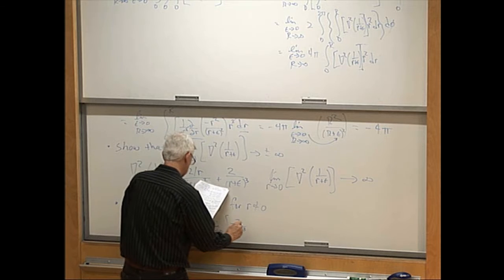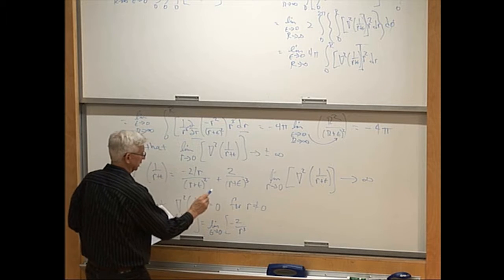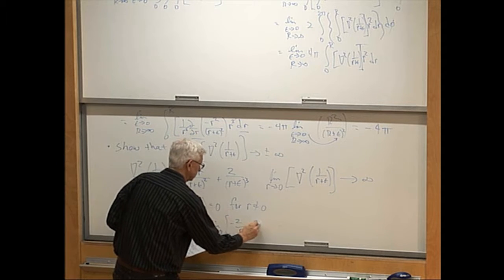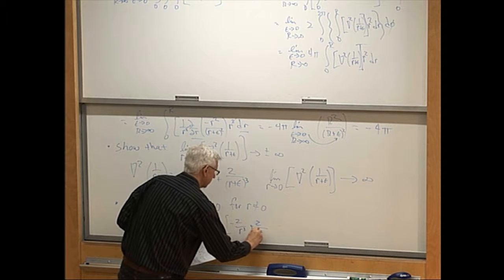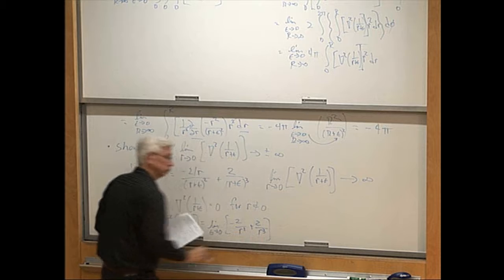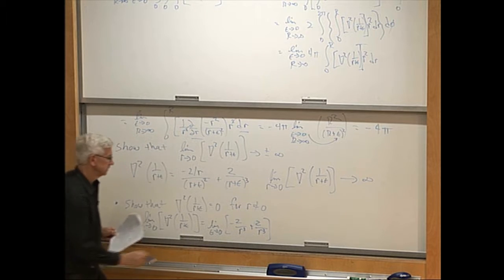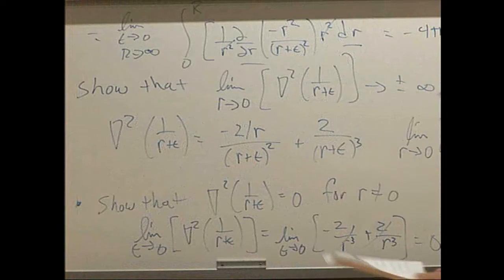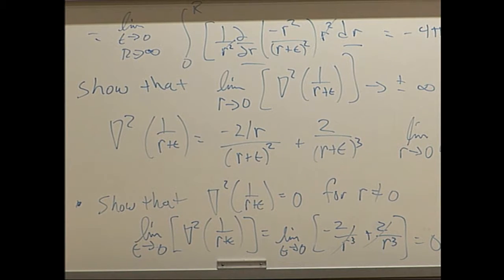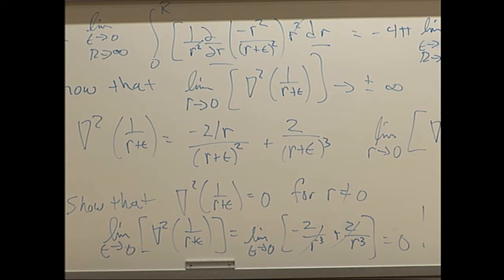And then what do we have here? Plus 2 over r cubed. So these cancel, and we have 0. So it satisfies a delta function.